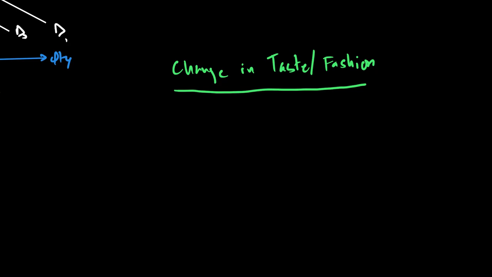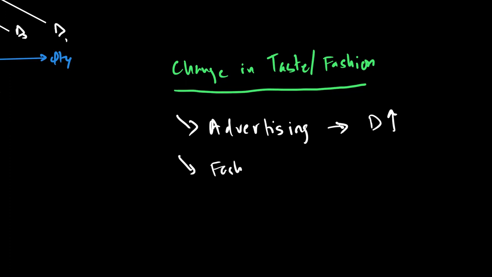And taste can be affected by many things. They can be affected by advertising. A lot of firms are spending money on advertising, and successful advertising can result in demand for a good to go up. Or it can be affected by fashion, which is simply how trends are changing. And lastly, it can also be affected by observing other consumers.